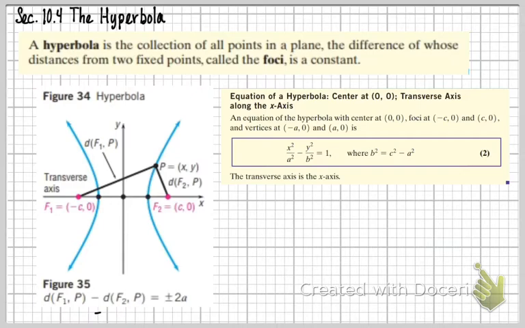So the idea here is, notice my x squared is positive. And that's an indicator that it's going to have the transverse axis across in the x direction. So that's one thing to make a note of as you see that.